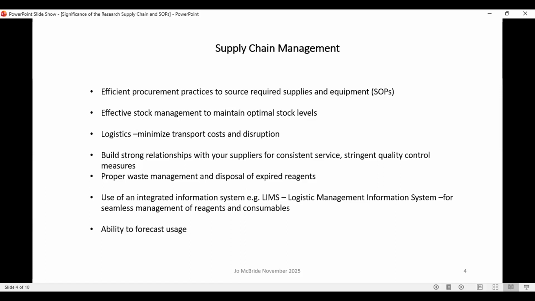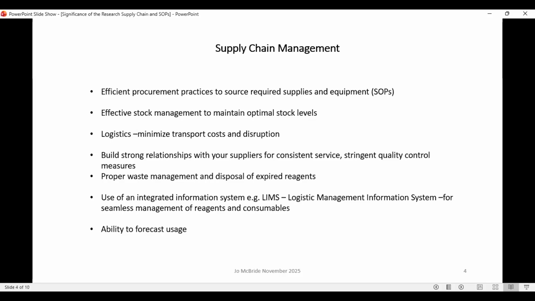Bulk buying is particularly appropriate, obviously, for consumables that are not time-sensitive, things like needles and syringes and so on. It's a little bit trickier when it comes to things like reagents, because you have to think about the expiry dates, for example.